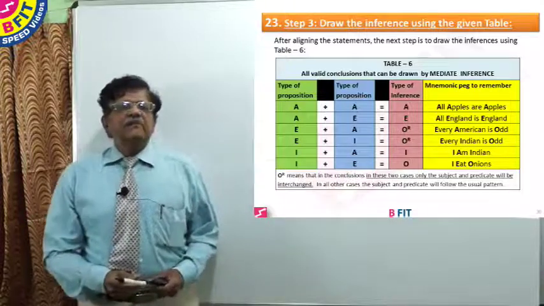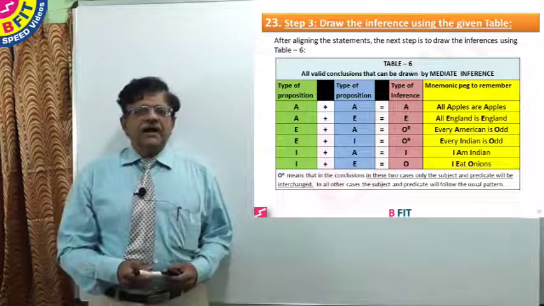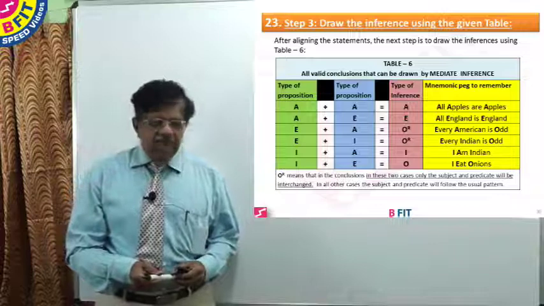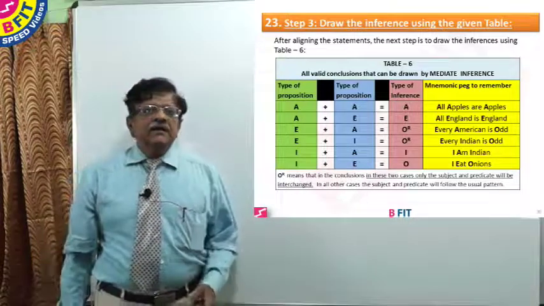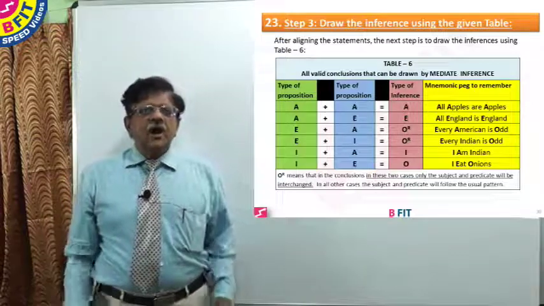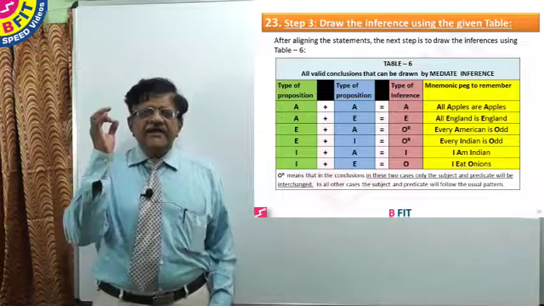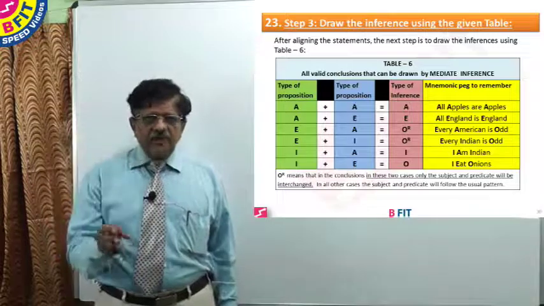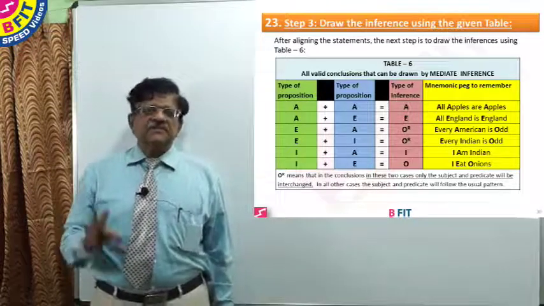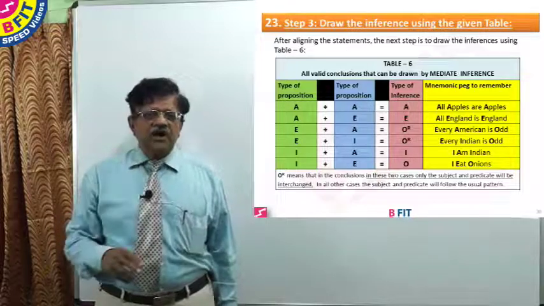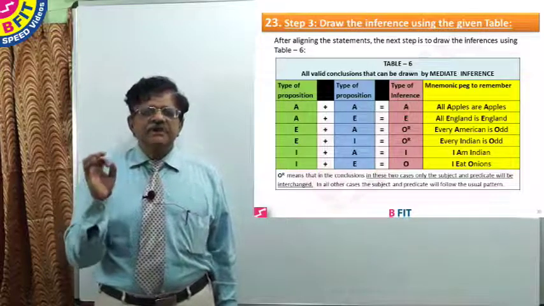Now this is a very important step, and this is table 6. In table 6, all possible valid inferences that can be drawn under the mediate method, that is where more than two statements are involved, are listed.